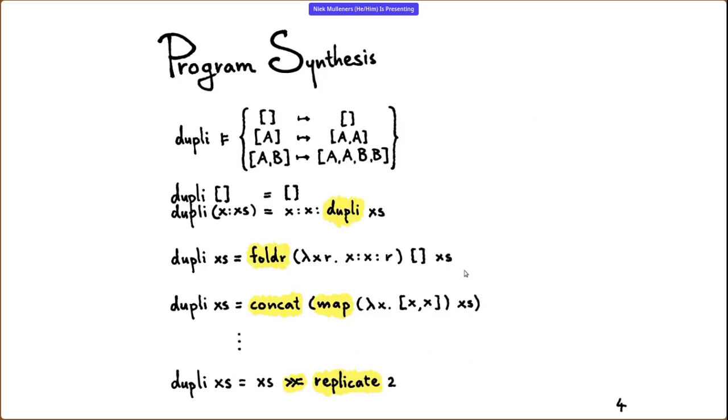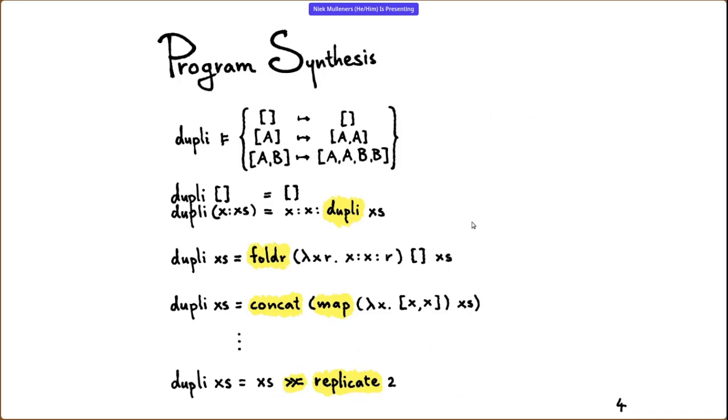And so you can see how the different functions that are in scope can influence what kind of functions would be synthesized, or what possible implementations of a function there are. I've also highlighted this recursive call to dupli here, not because it's a different function in scope, but it's a design choice whether you want to allow structural recursion or not.